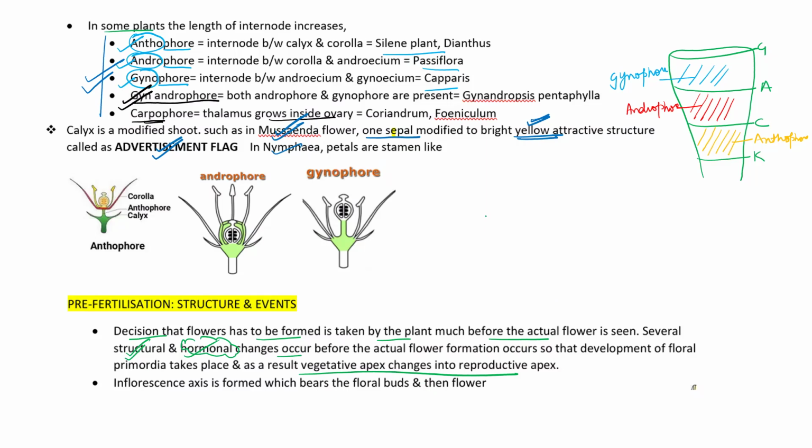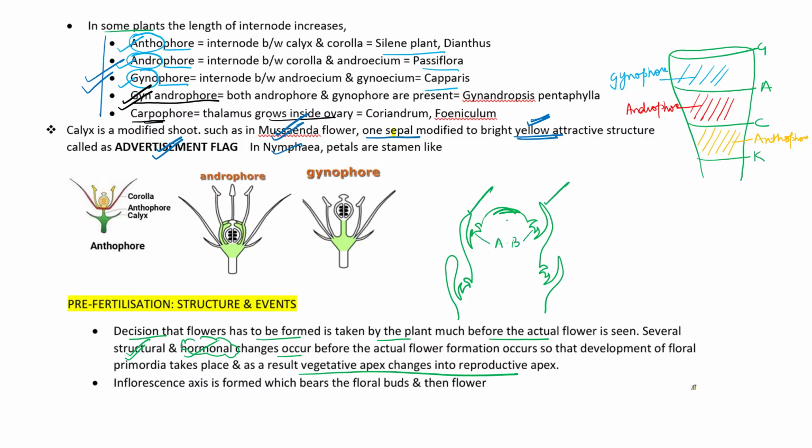So now see here, this is your vegetative apex, dome shaped, with axillary buds bearing leaf primordia. Clear? I am drawing it this way. This is a vegetative apex which is dome shaped, and these are your axillary buds.